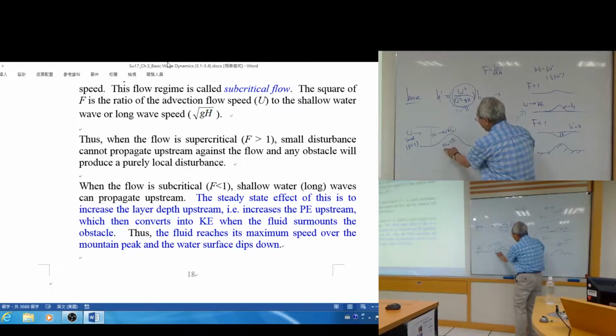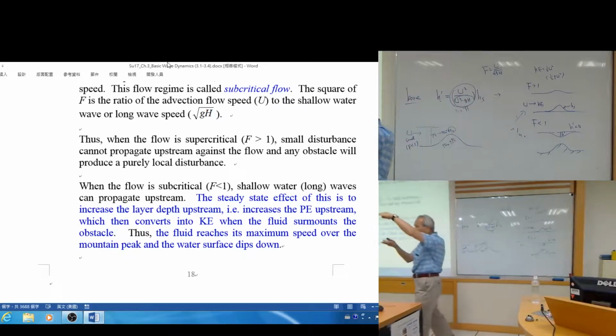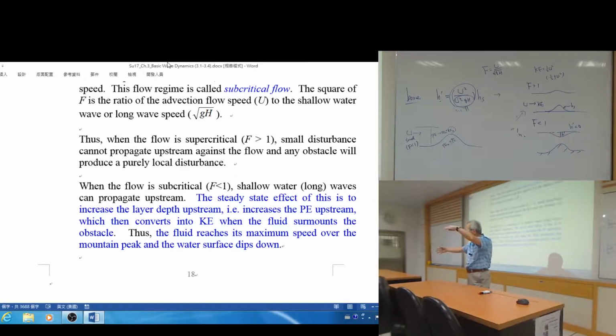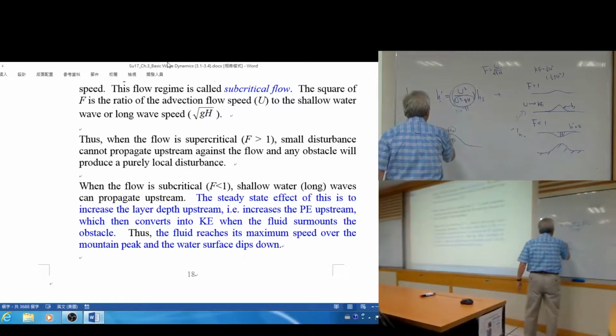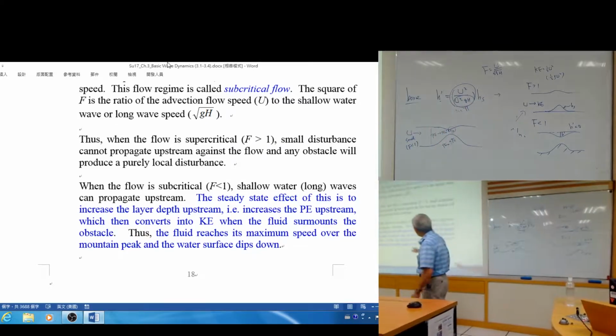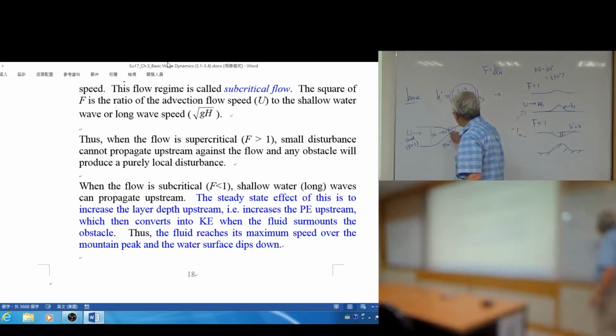If the potential energy over the mountain is smaller than upstream, what's going to happen? It's smaller, which means its surface elevation will be decreased. That's why it goes down like this. The fluid reaches maximum speed here, so it will be faster.